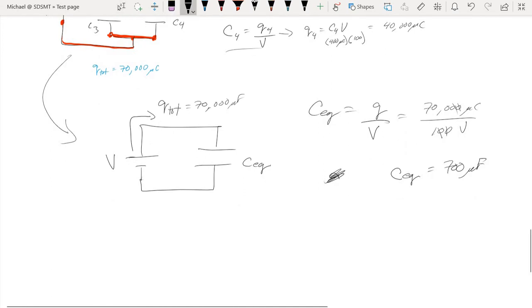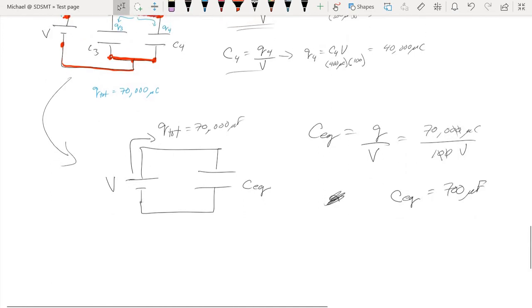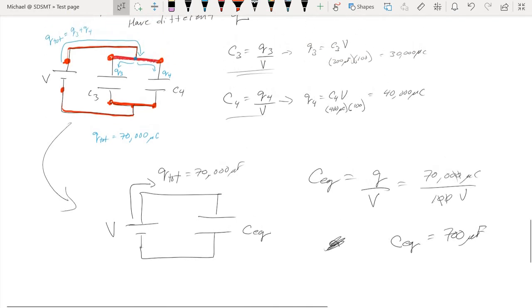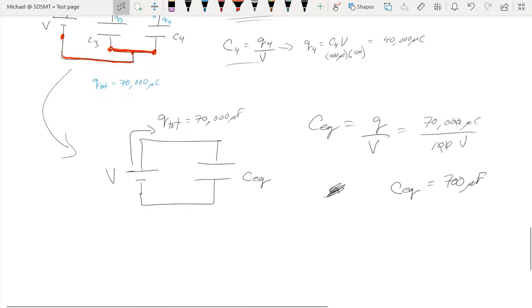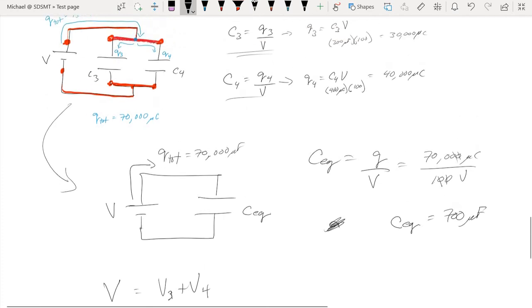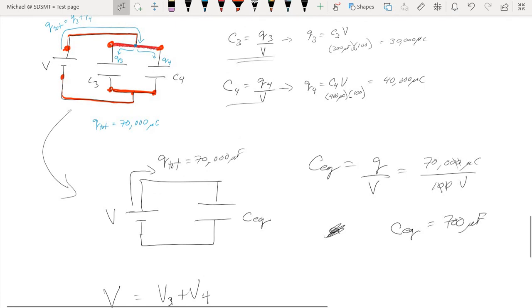And the way that we're going to do that, it's similar to what we did with the previous example, except I can't just say the potential of the battery is equal to the sum of the individual potentials, because that's not true.